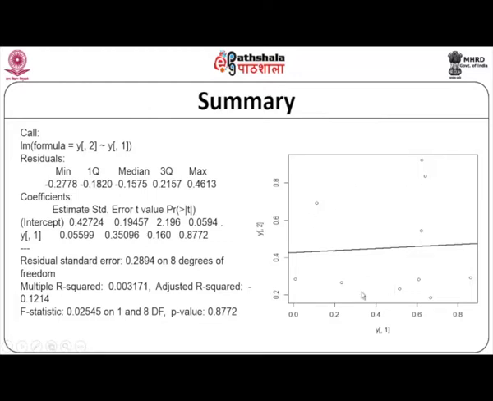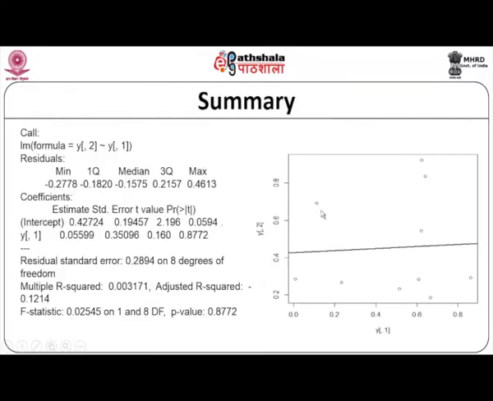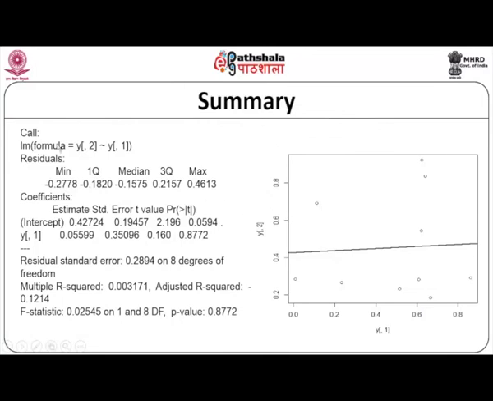Here you can find the scatter plot and a line that is drawn. This line is drawn using the ABline method. The linear regression model for this particular plot is defined based on the LM method, and finally when you call the summary method, these are the various summary statistics that are displayed.